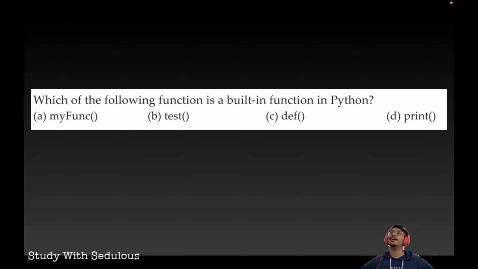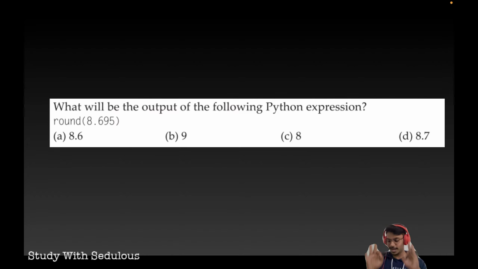Now, what will be the output of the following Python expression, round 8.695? Round is a function which gives an integer value. Let me tell you one more time, it will be giving you an integer value. 8.6995, just leave that, 8.6.